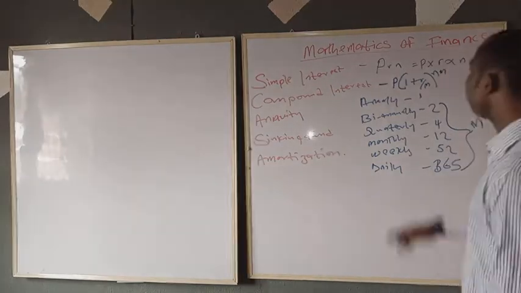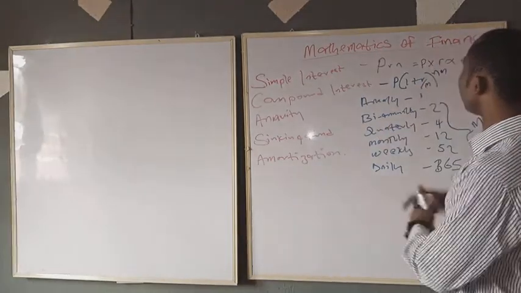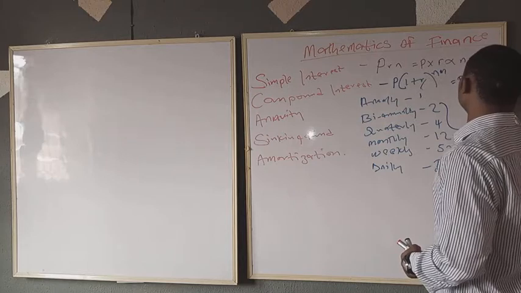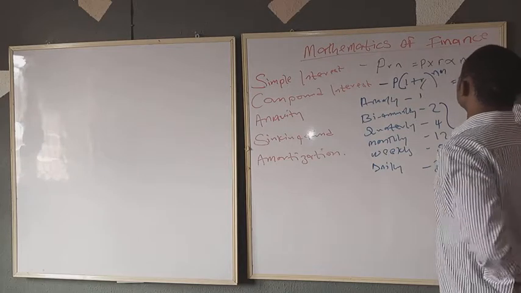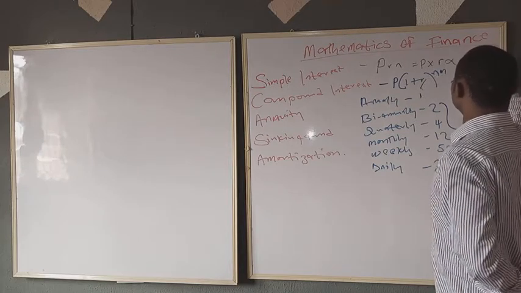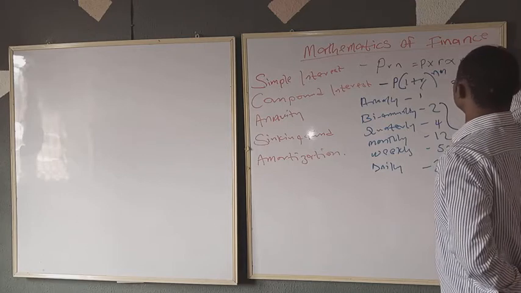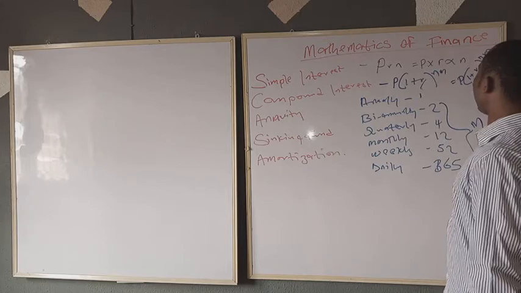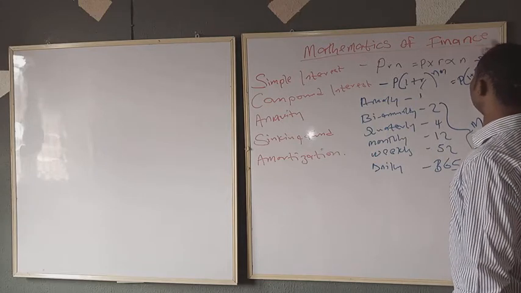If it's biannually, this formula will now be equal to P bracket 1 plus R all over 2 bracket N times 2. If it's quarterly, it's going to be 4 divided by 4, then times 4.